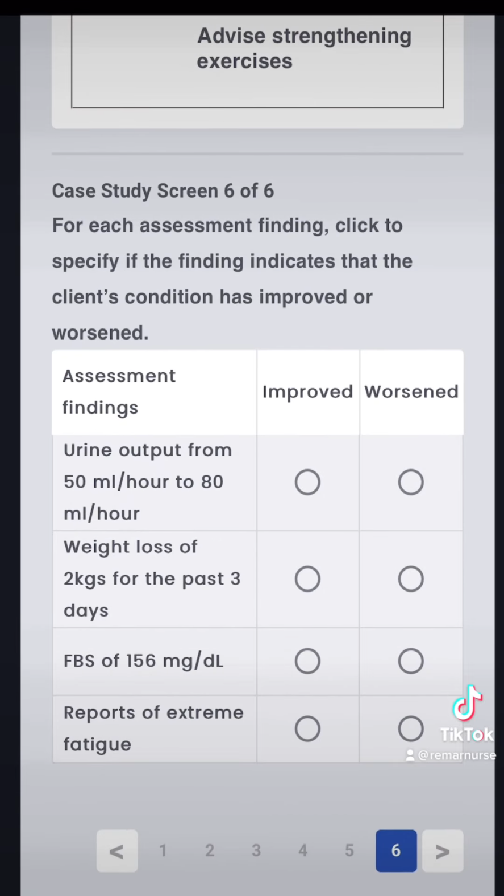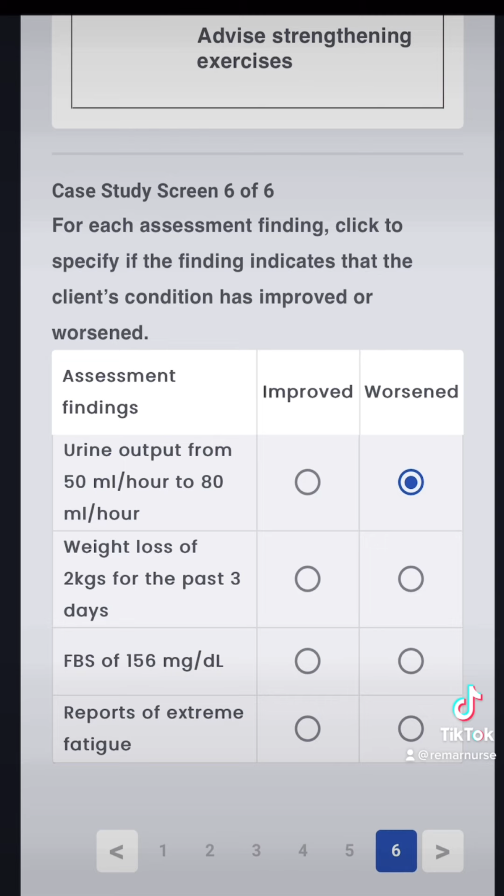For each assessment finding, click to specify if the finding indicates the client's condition has improved or worsened. You should always be getting these type of questions as the last ones because this is the evaluation. So urine output from 50 to 80. That is worse. We don't want more urine. We want it less. Weight loss of 2 kilograms for the past 3 days.